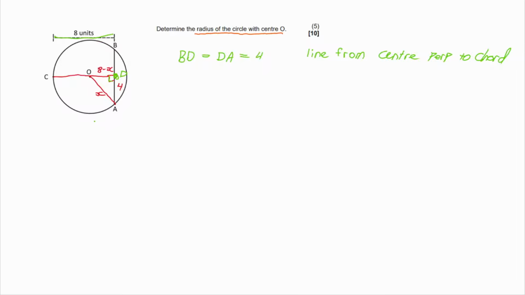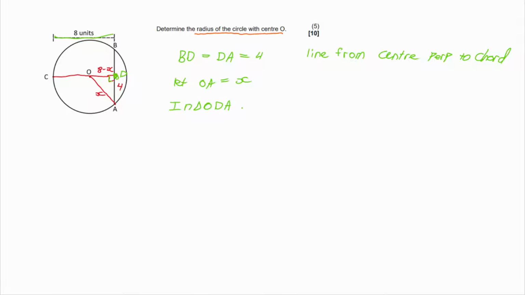Cool, so we have that, and then if we look in this triangle, OAD, so technically it would be ODA.